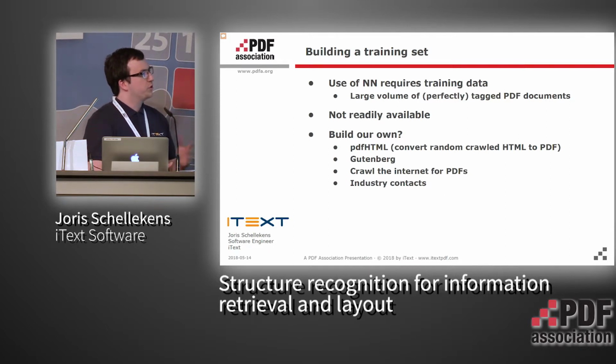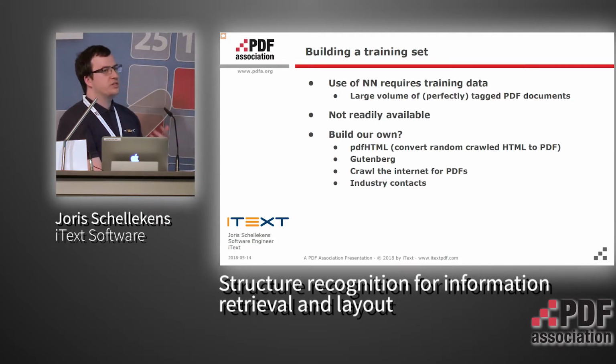Of course, I do mostly research, so another solution that I came to was, why not simply crawl the internet for PDFs? Google has this convenient function where you can say, find me all documents with a given keyword, and make the file type to be PDF, for instance.